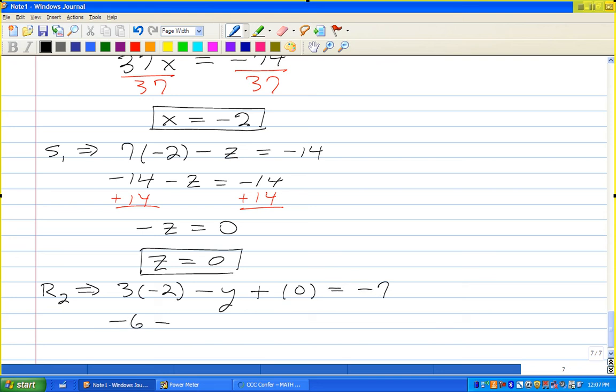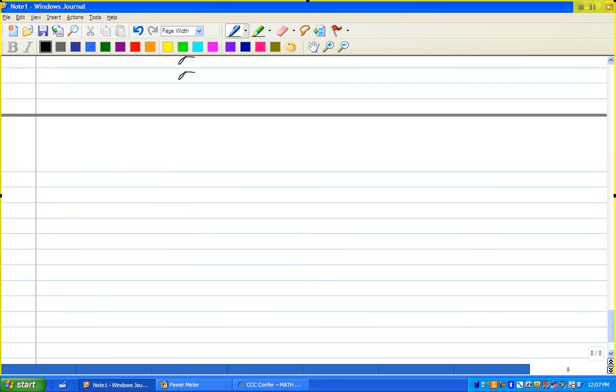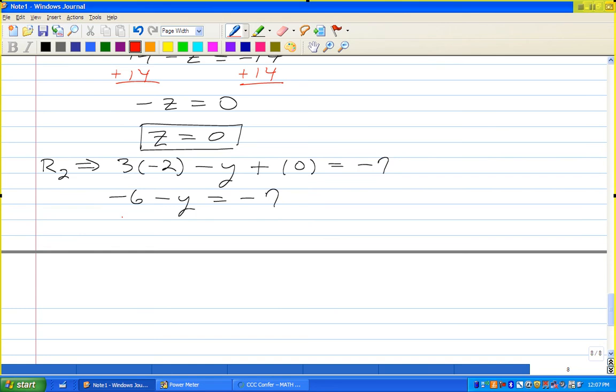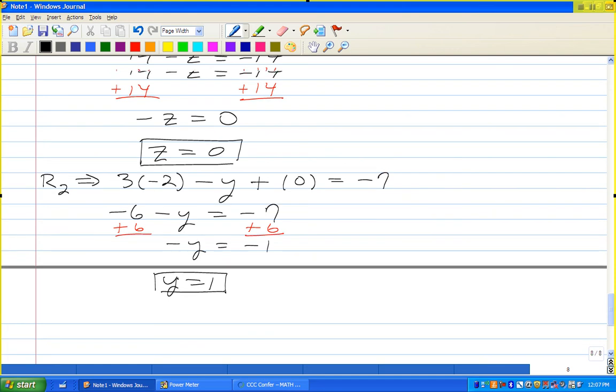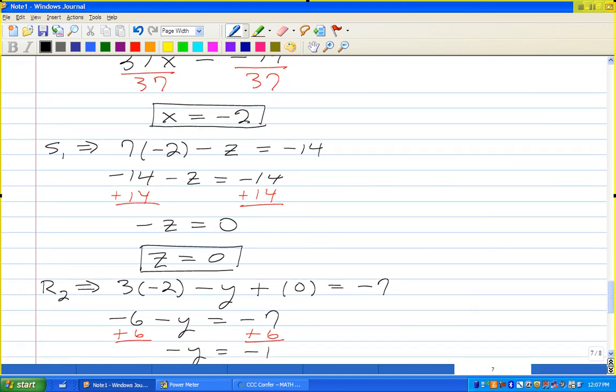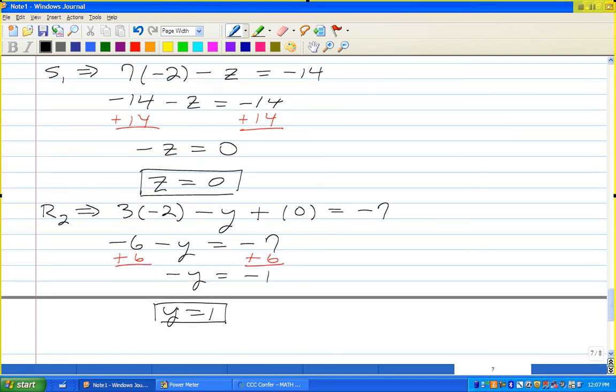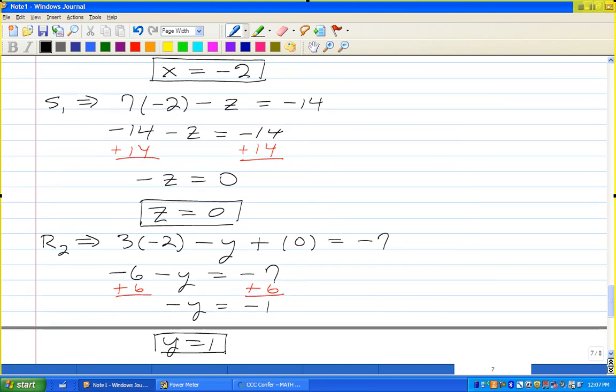So negative 6 minus y equals negative 7. Add 6 to both sides of your equation. So you get negative y equals negative 1. And so y is equal to 1. So I've determined x is negative 2, y is positive 1, and z is 0. And so I've solved the system of equations.